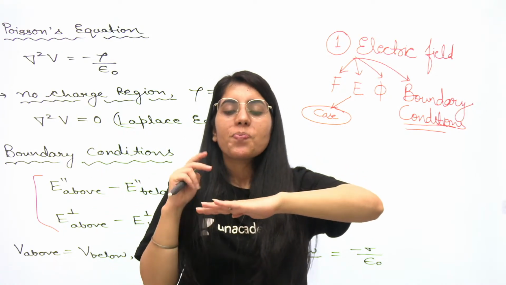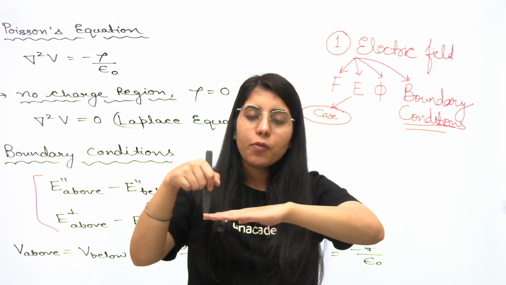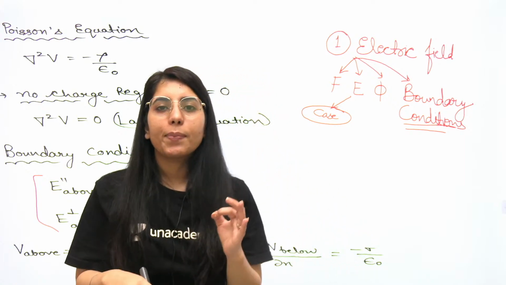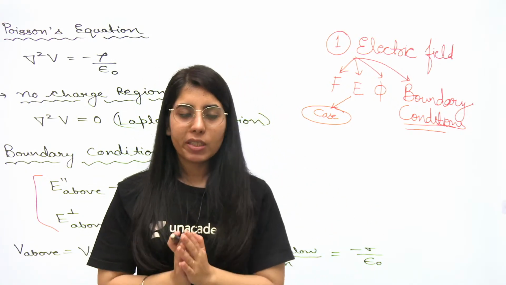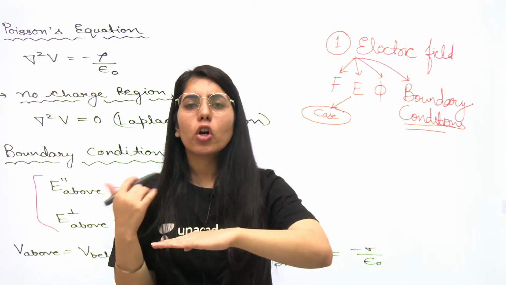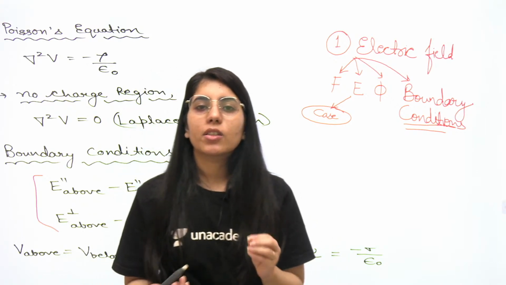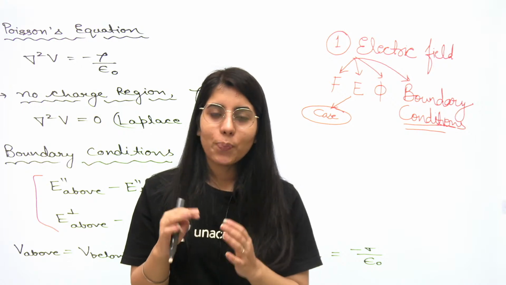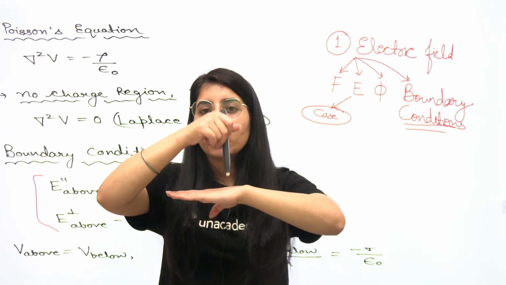Then, if they have given you the electric field component above this boundary at any point, let's say in vector form with i, j, k caps, and you know this boundary lies along the x-axis or y-axis or z-axis, you first have to consider the normal component or the tangential component. They should be clear to you. If this is a boundary about the x-axis, what are the components which will be normal to this boundary?